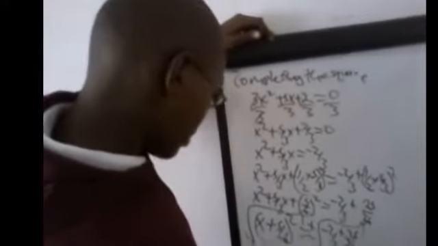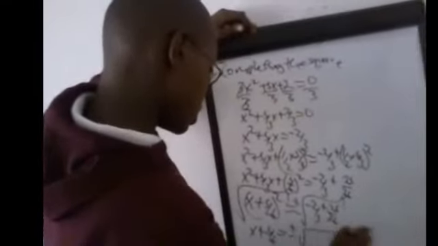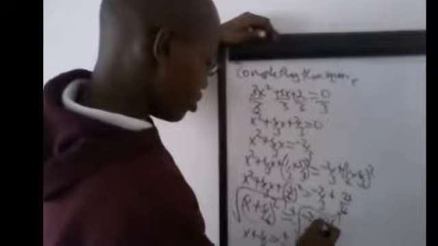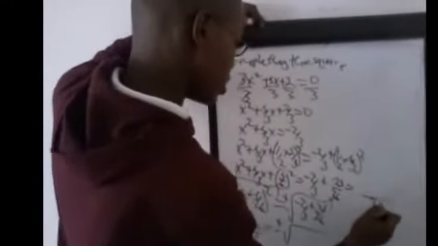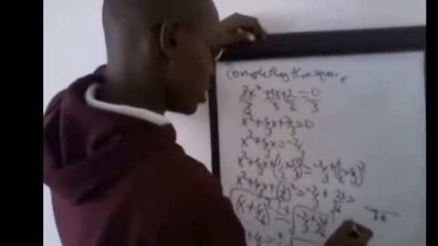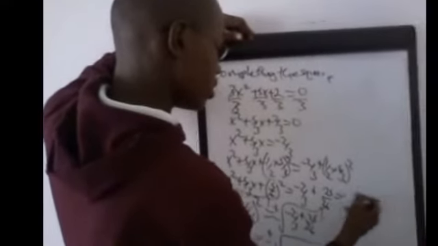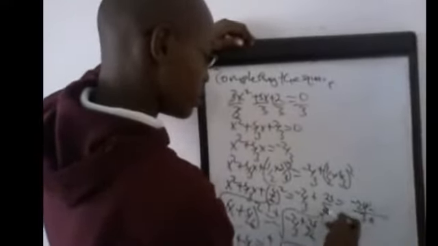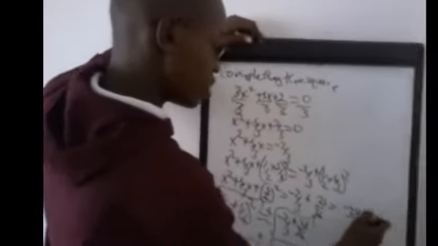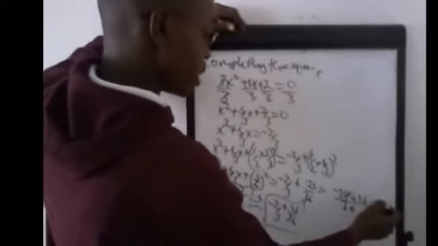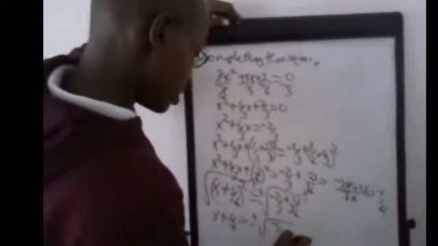So it becomes x plus 5 over 6 equals plus or minus. If you solve this, the common factor will be 36. 36 divided by 3 is 12. 12 times 2 times negative 2, we get minus 24. 36 divided by 36 is 1. So it will be minus 1 over 36.